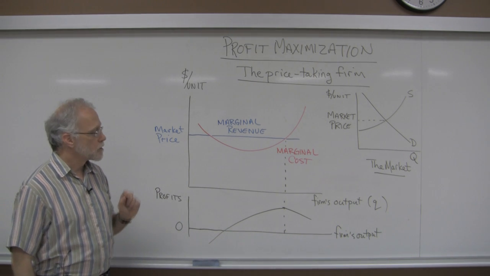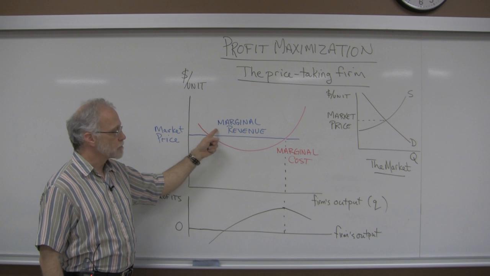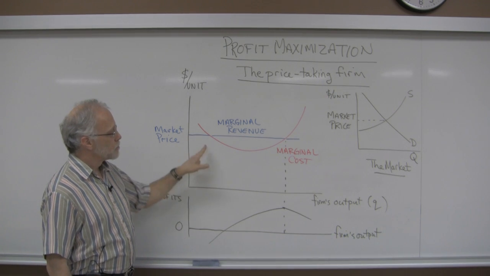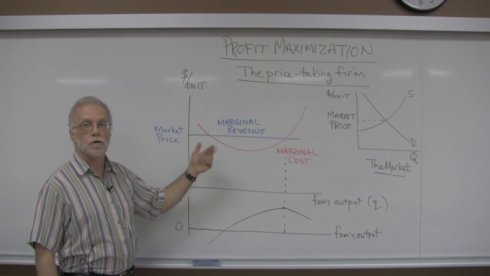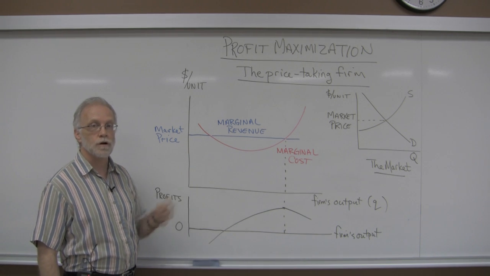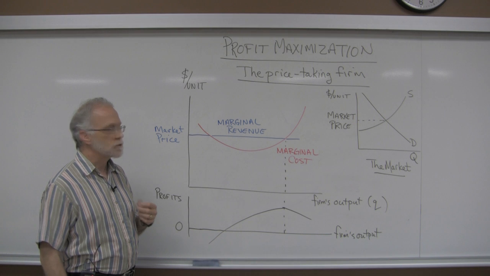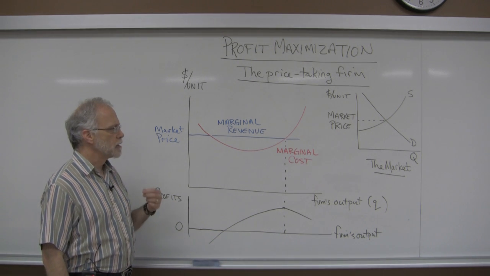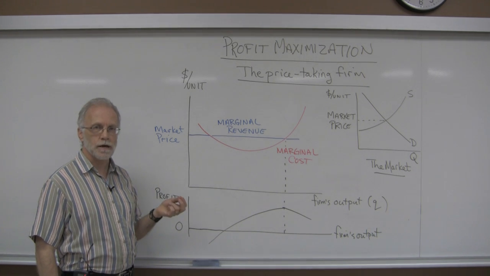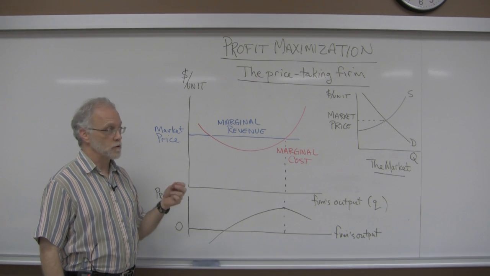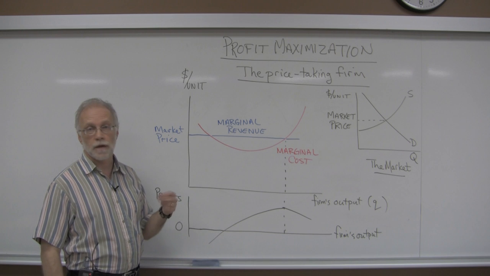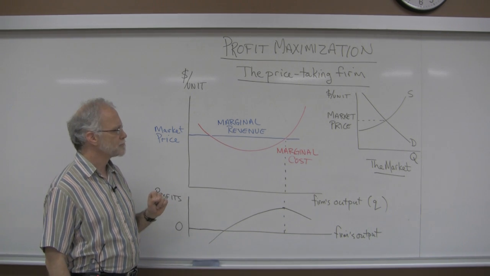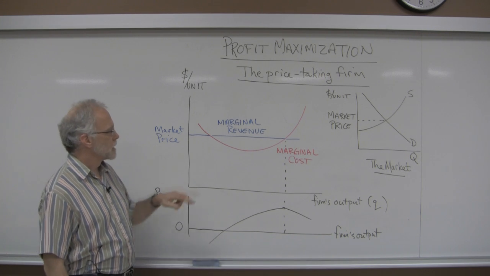You'll note here that we're not talking about total revenues and total costs. There's an example like that in the text. But we're phrasing things in terms of marginal revenue and marginal cost. You can really do it in both ways, comes to the same thing. But this kind of marginal thinking in terms of how people maximize profits or maximize utility is what's typically done in economics. So let's just run through the logic.